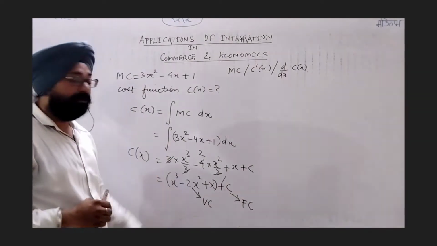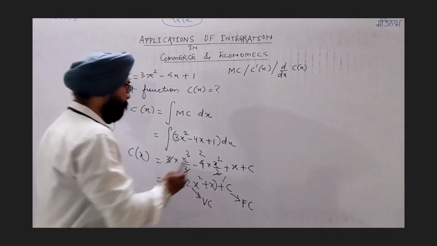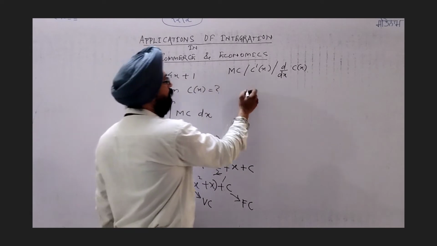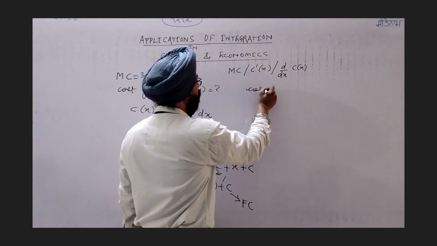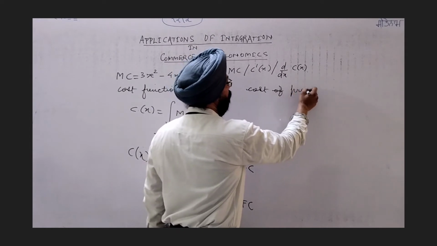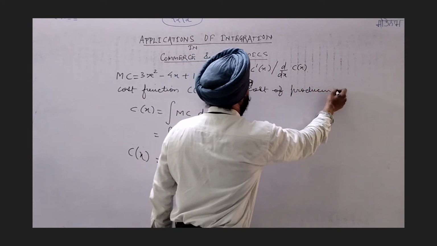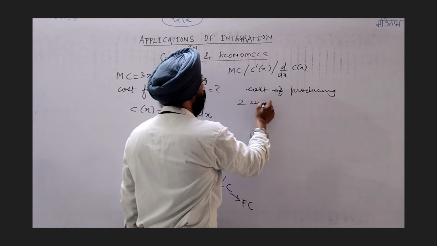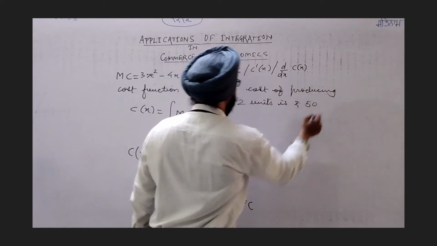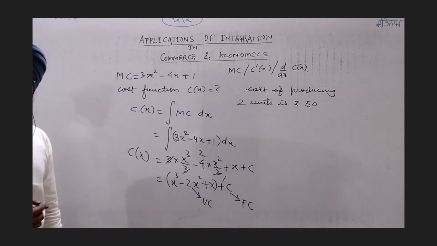In the given example, suppose I say that marginal cost is so, and the cost of producing 2 units is rupees 50. Why is it given?